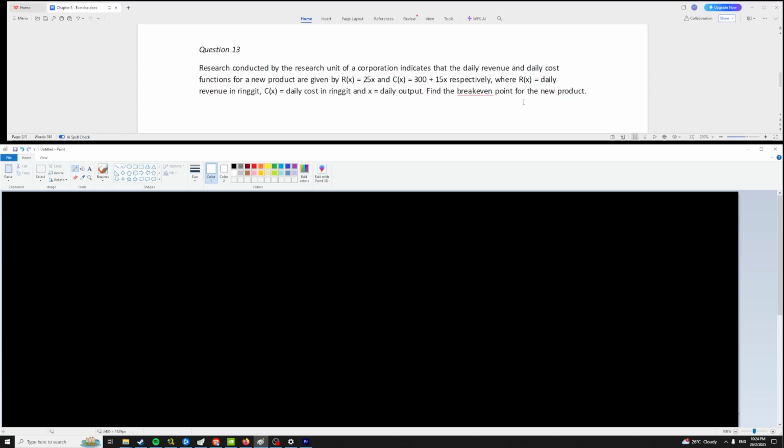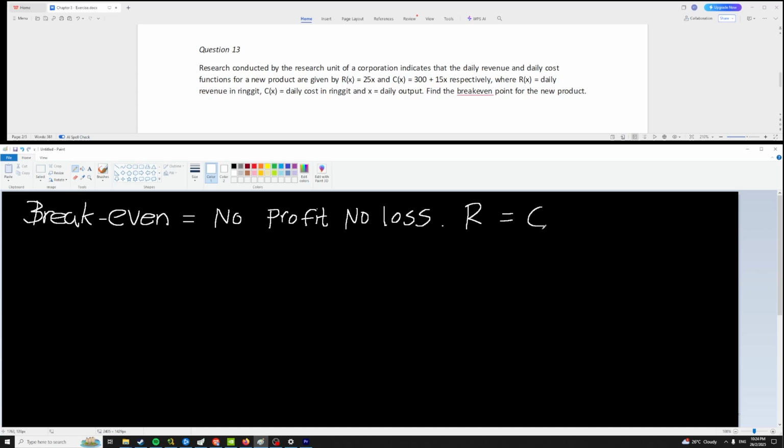Find the break-even point for the new product. Break-even means your revenue is equal to your cost, because there is no profit and no loss.